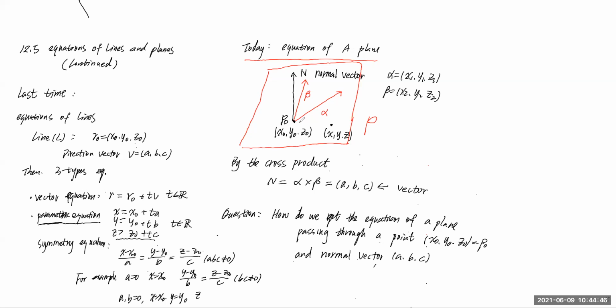And then we connect P and P naught. We get a vector, right? Here we have P naught, and P is, look at this, x minus x naught, y minus y naught, z minus z naught.